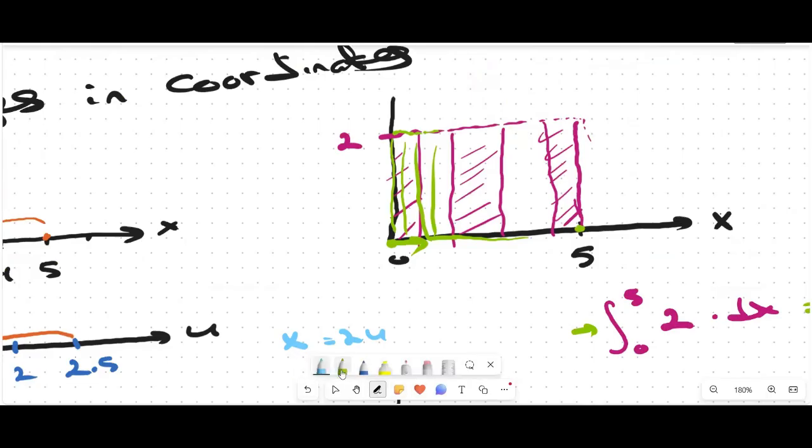So let's say that I moved from here to here. There is a delta x corresponding to that movement there.